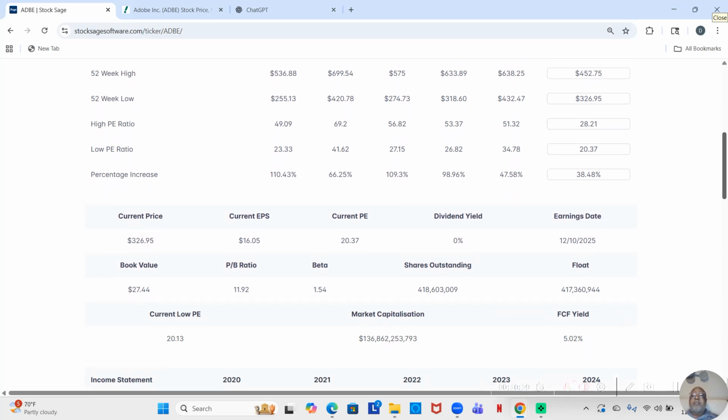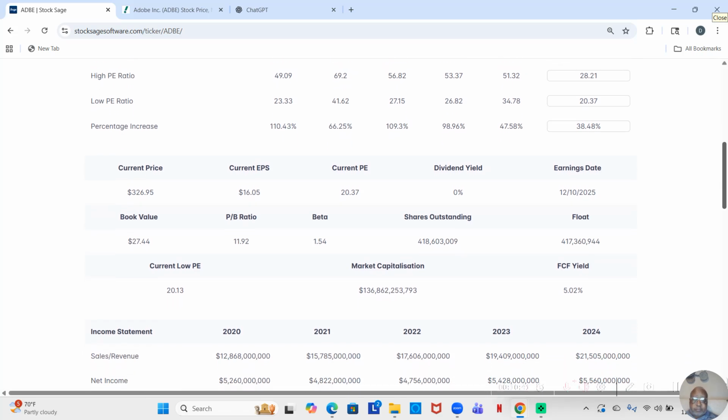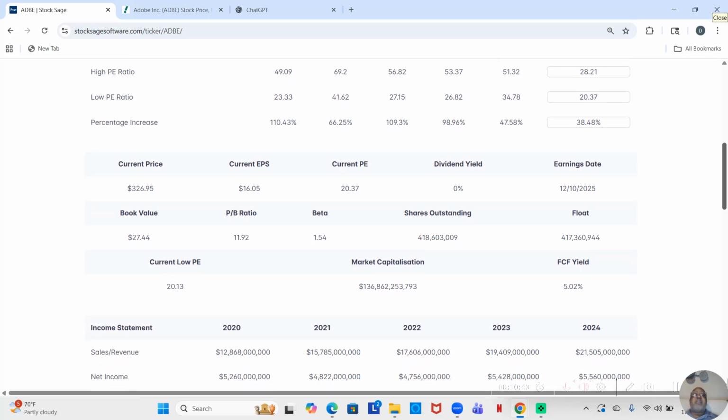So, based on price, I would definitely say that this stock is a buy as long as we see on the candlestick chart it's starting to move back up.